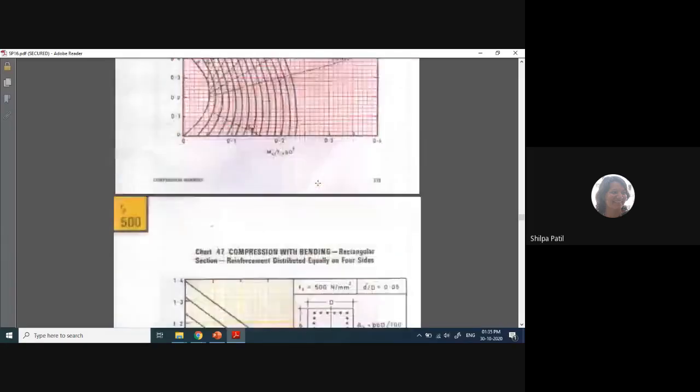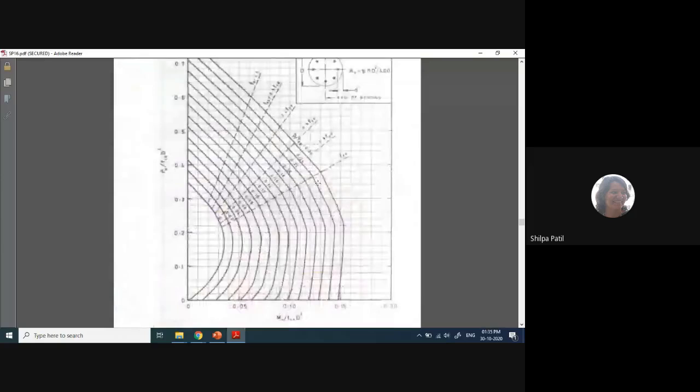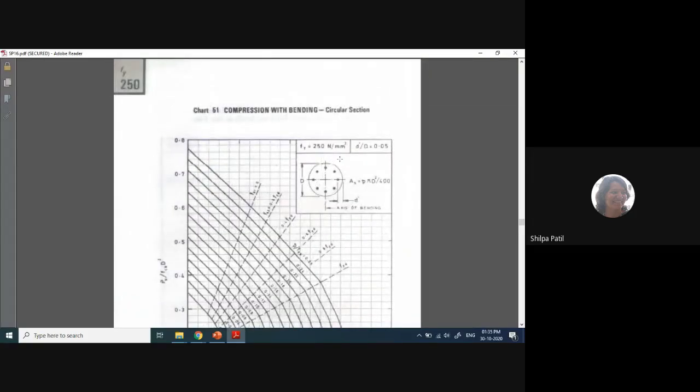Okay, and finally I want to show you the charts for circular column. Again, for circular column, this d dash by d ratio is 0.05, and for Fe250. Now here, there will be no question of how we are placing the reinforcement in case of circular column. For circular column, it is always placed uniformly throughout the diameter of the circle.